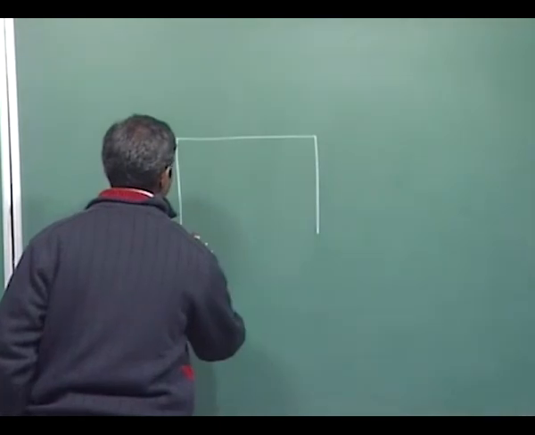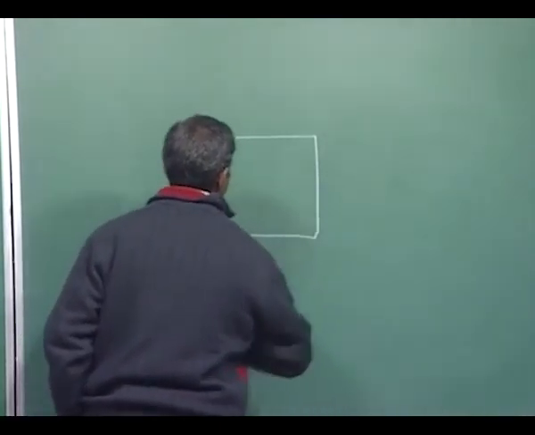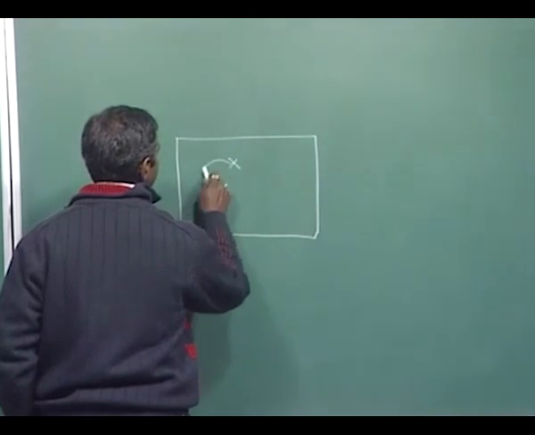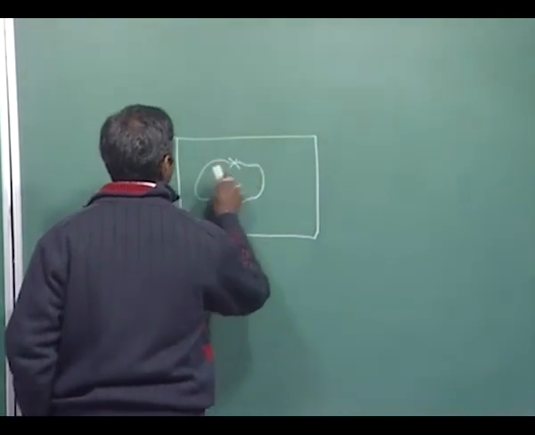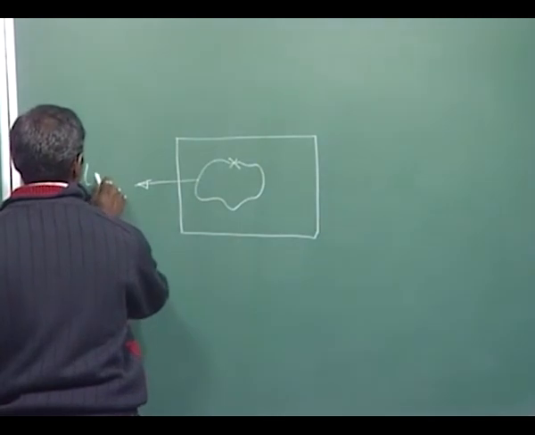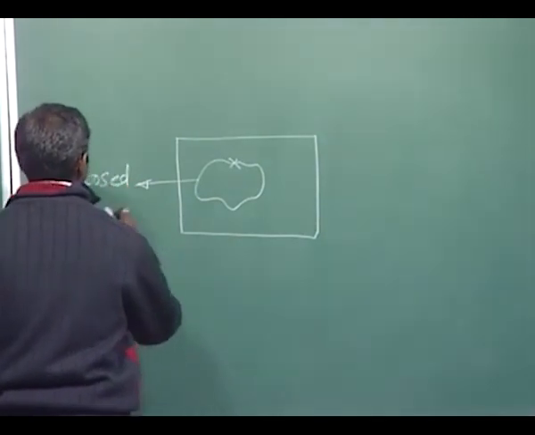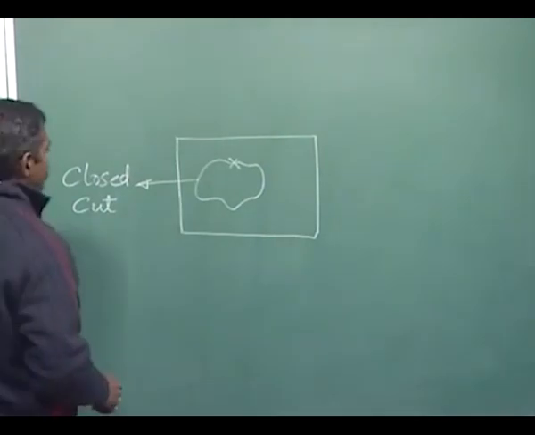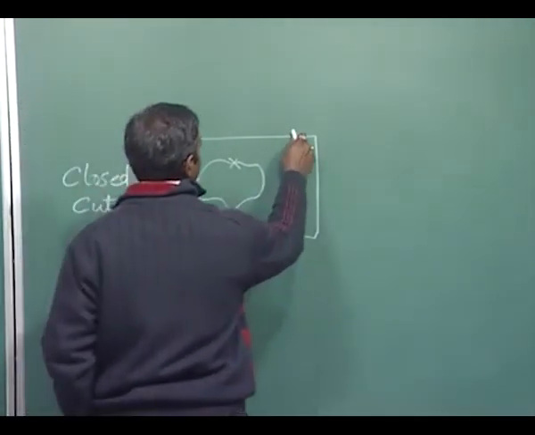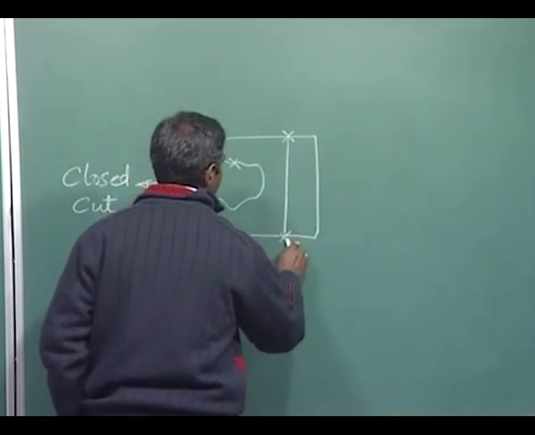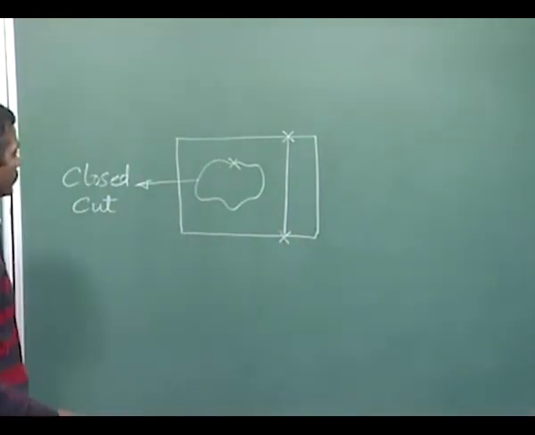Imagine we have a rectangular piece of paper. This is a closed cut. This is a cut that joins any 2 points on the boundary.